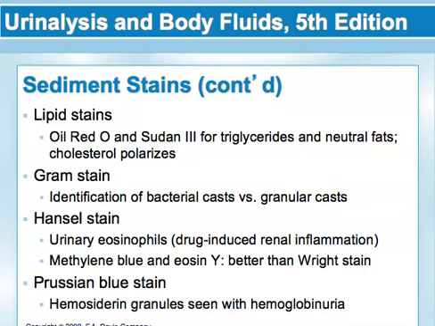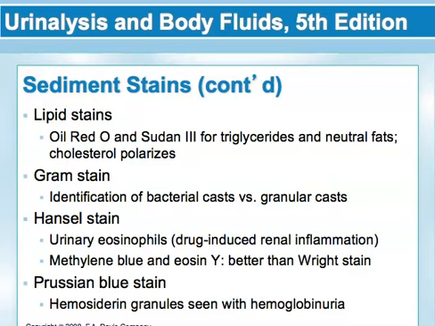Using these stains, triglycerides and neutral fats, which are free-floating fat droplets, are going to stain an orange-red, and cholesterol will not stain at all, but it will polarize. These lipids are usually going to be seen together in urine sediment, so a combination of the stain and polarization qualities can help confirm.